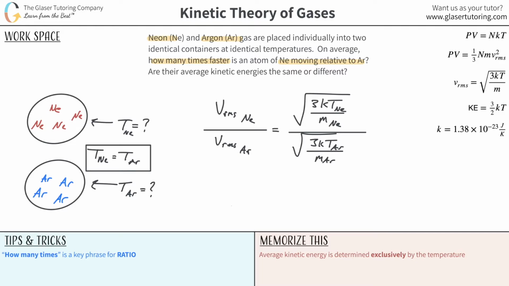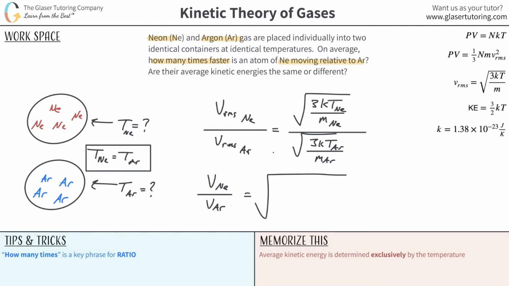Now this is just some algebra. Since both the numerator and the denominator have a square root, we can put one big square root over the whole thing. I'm going to drop the RMS for right now, just because it's too much writing, but all the velocities here will be root mean square.